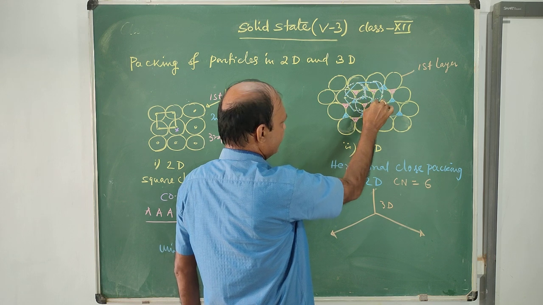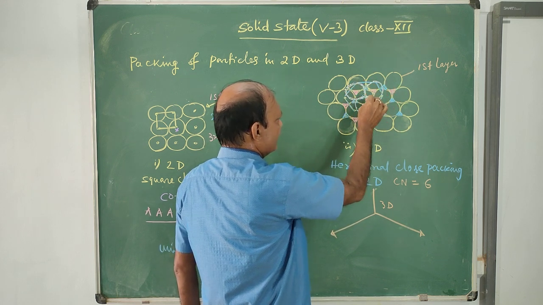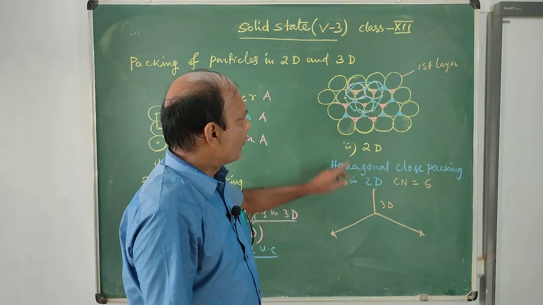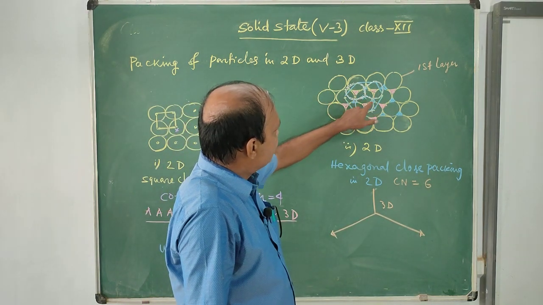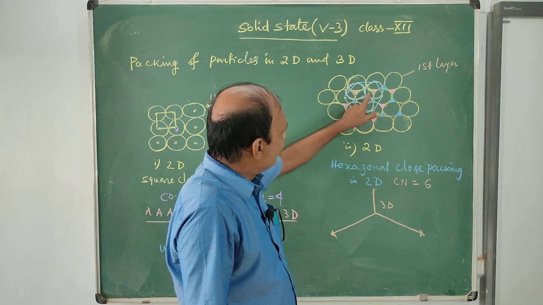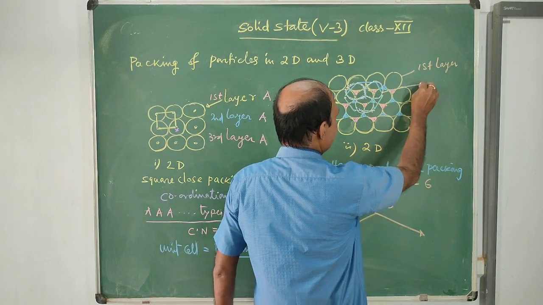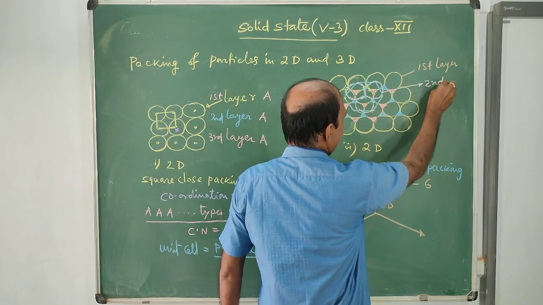See it here. This is number 1, this is number 2, this is number 3. You cannot cover the blue depression. So whenever you cover the pink depression, you cannot cover the blue depression. Remember it. So in this way, if you construct, you will get the second layer.